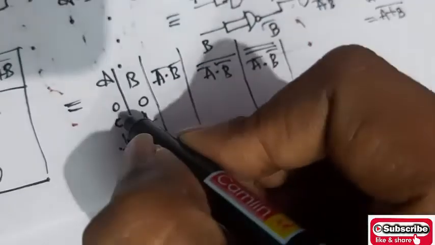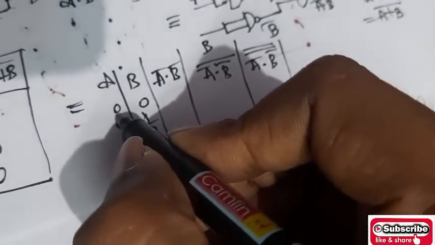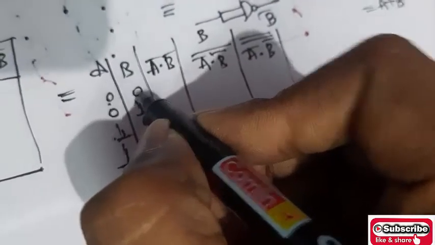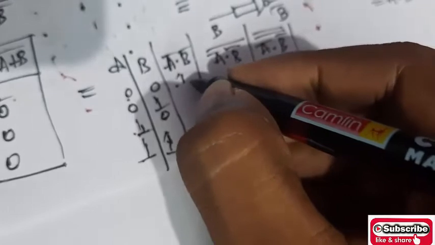Here you will get 1 dot 1, 1 into 1, you will get the 1.